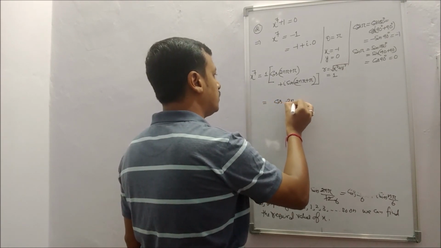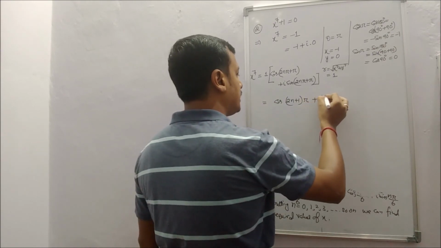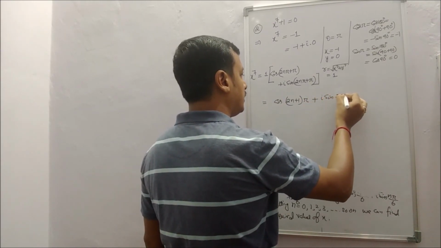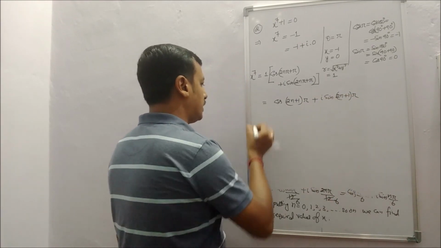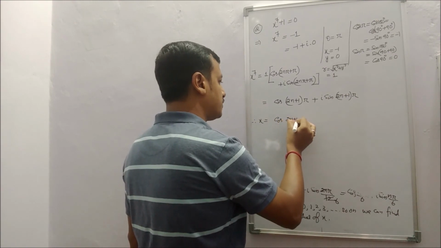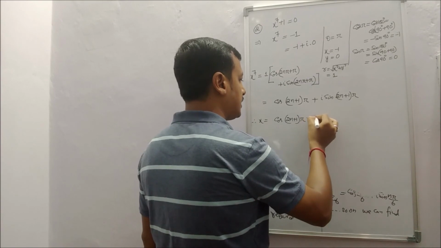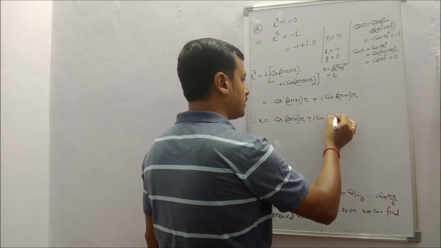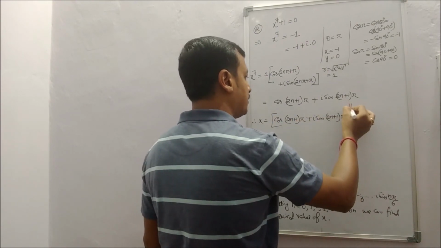Cos 2n plus 1 into pi plus I sin 2n plus 1 into pi. Therefore x is equal to cos 2n plus 1 pi plus I sin 2n plus 1 into pi, to the power 1 by 7.